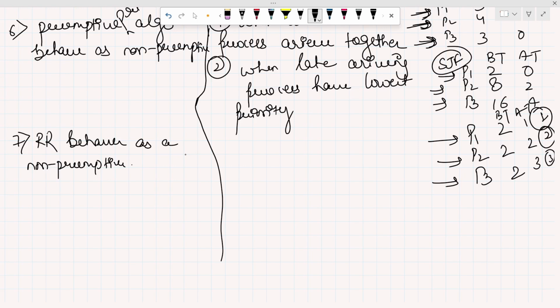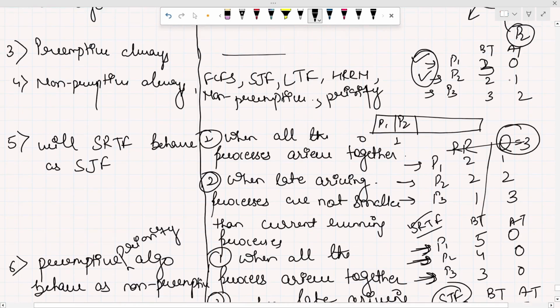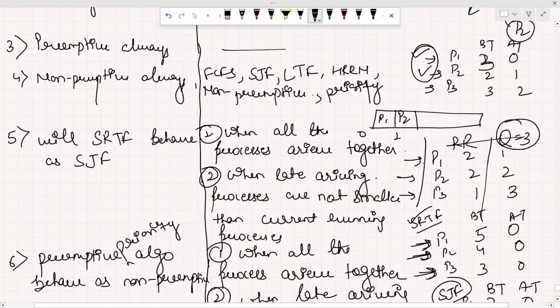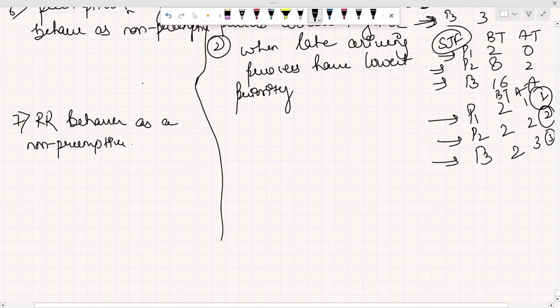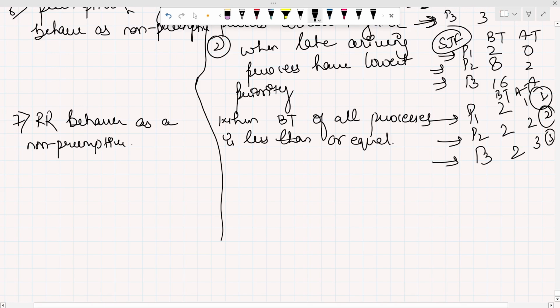The answer is yes, it can behave in a non-preemptive way, as I told you earlier, when the burst time of all the processes is smaller than the time quantum, then RR will behave as non-preemptive. So the answer is yes when the burst time of all processes is less than or equal to the time quantum.